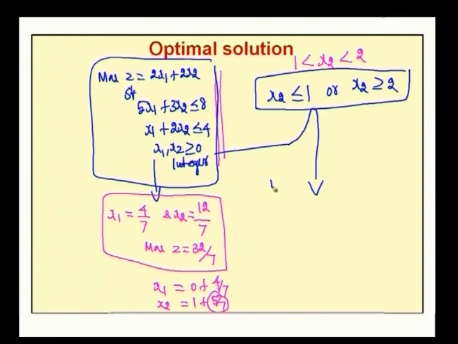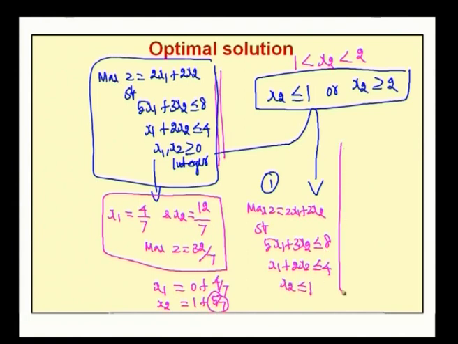Our subproblem 1 is maximize z equal to 2x1 plus 2x2 with condition 5x1 plus 3x2 less than or equal to 8, x1 plus 2x2 less than or equal to 4 and x2 less than or equal to 1.